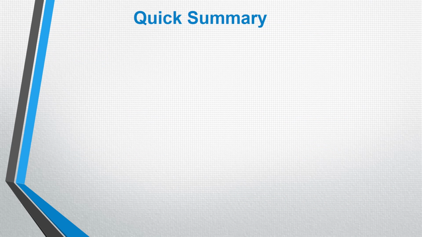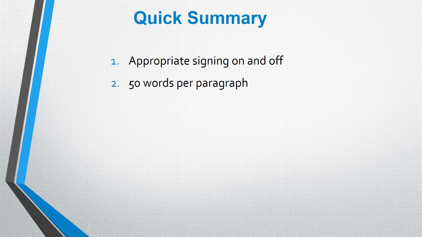I hope you found that useful. Let's just have a quick summary of some of the key points here. So make sure that you sign on and off your letter appropriately. Remember, we're aiming for 50 words per paragraph, and you can do that by adding details to the ideas you came up with.